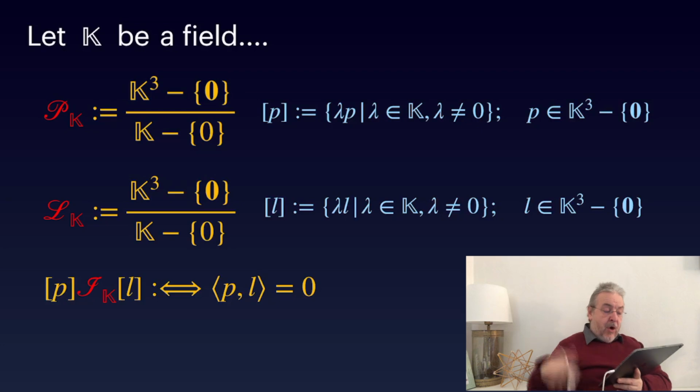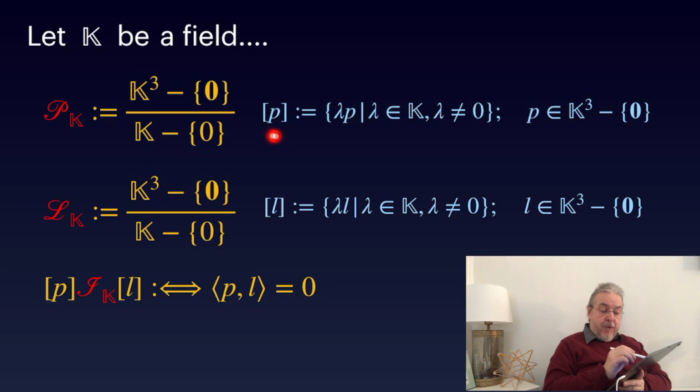And just to recall the definitions, the set P consisted of three-dimensional vectors over K, with the zero taken away from that set, and everything put into equivalence classes where we identify vectors modulo non-zero multiples.